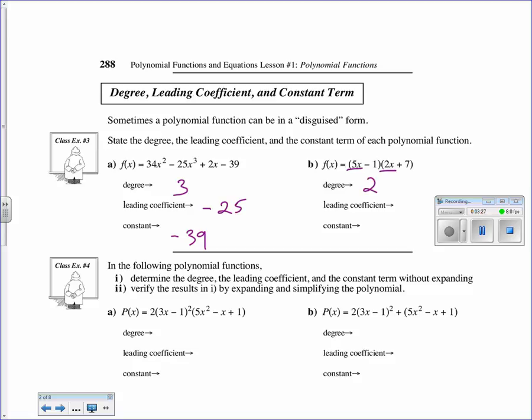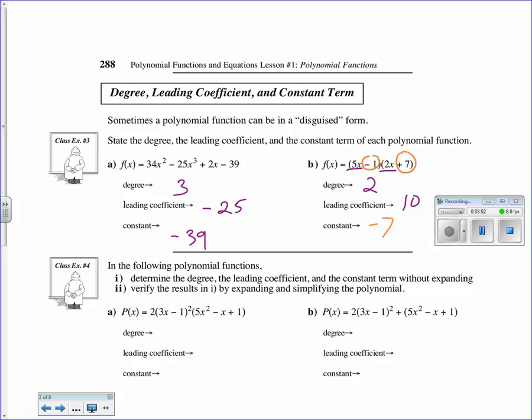That's going to be x squared. My leading coefficient is going to be the number associated with that, which in this case is 10. And my constant is going to come from the numbers that don't have x in them when they're multiplied together. And that'll be the -1 and the +7.